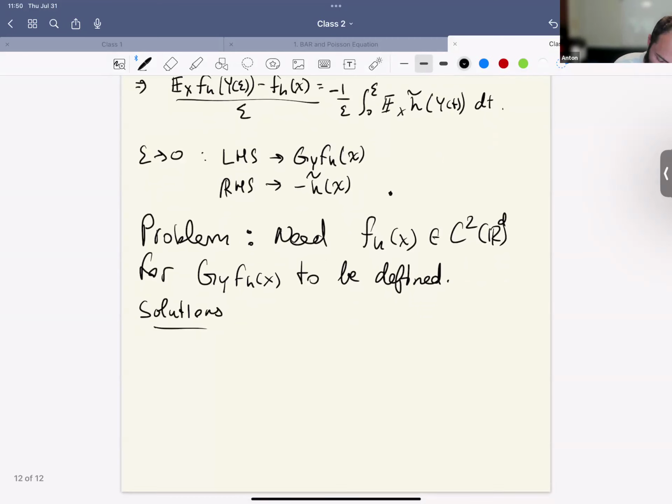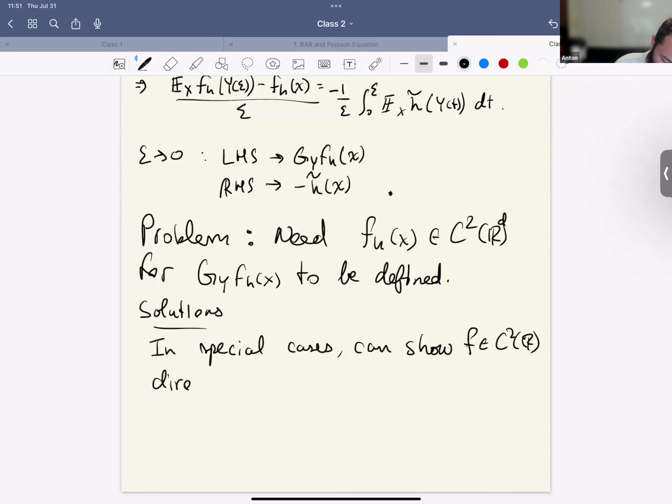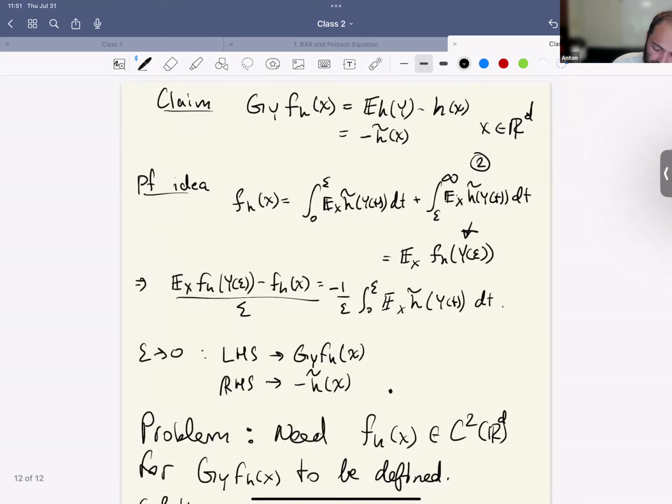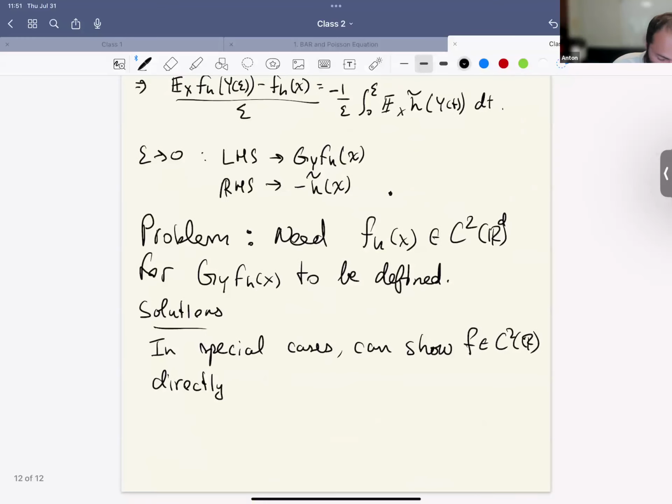One, in special cases, we can show that f is in C2 directly. We show directly one way or another, but you basically show it directly.